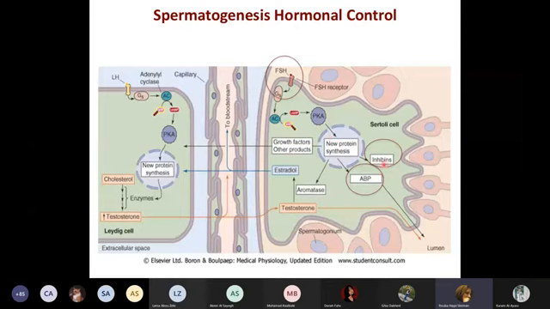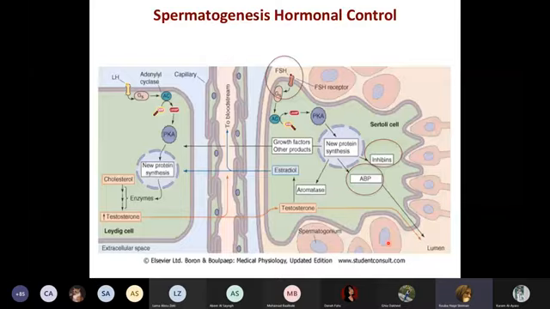And this androgen binding protein can bind both the dihydrotestosterone and the testosterone in order to allow their concentration inside of the lumen of the seminiferous tubule, and this is very important for the continuity of the spermatogenesis, particularly the spermiogenesis, which is the formation of the sperm cell at the end.